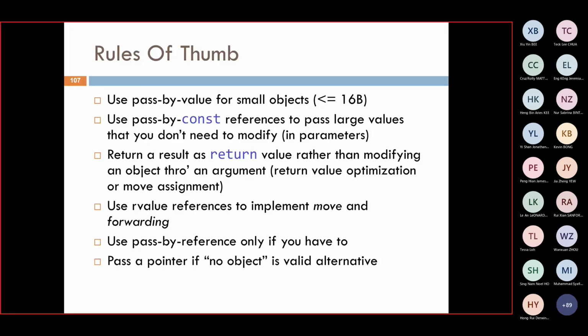And sometimes, especially with smart pointers, there's no particular reason to pass a smart pointer to a function if the function doesn't care about the smart pointer, it cares about the data. So in those scenarios that you are obviously sure of, it's better to pass a pointer, right?